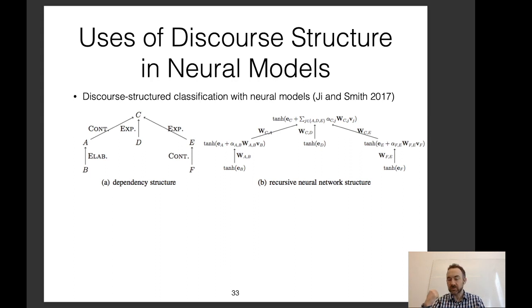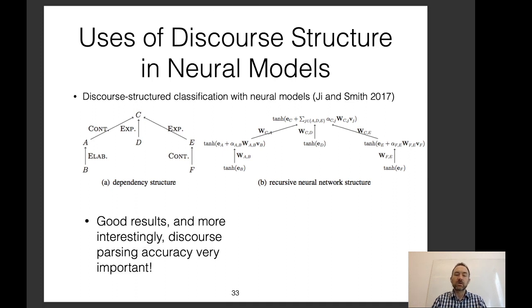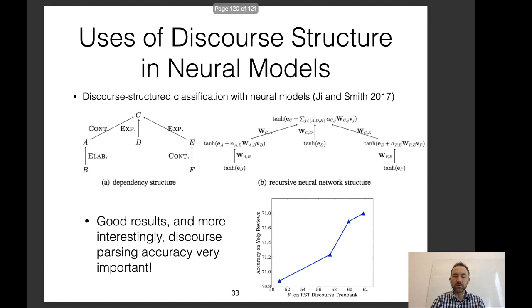So, for example, things like elaboration are less important than things like the core argumentation, or how deep in the overall discourse structure you are. So this resulted in quite good results at the time. It's a paper from 2017, so a bit older.